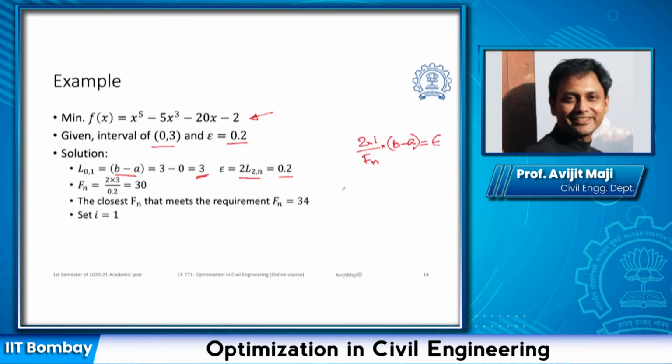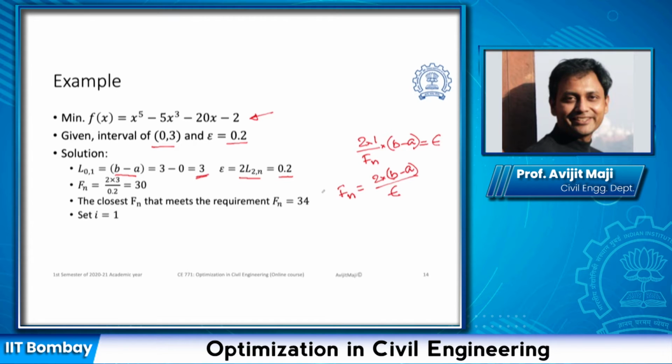So Fn is equal to 2 times the distance between the upper bound and lower bound divided by the accuracy level.